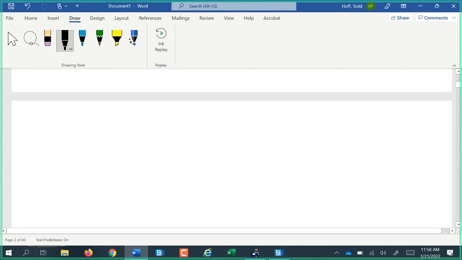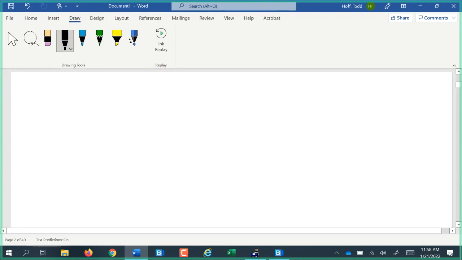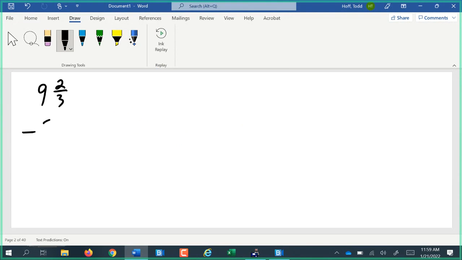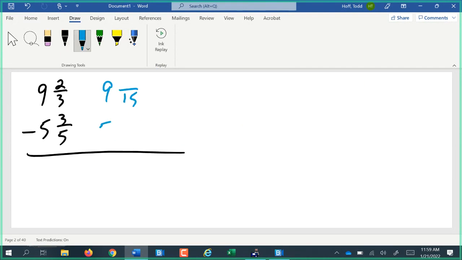Subtraction works the same way, so I'm going to jump right into mixed numbers. We might have 9 and 2/3 minus 5 and 3/5. Our common denominator here is going to be 15 again. 3 times 5, so 2 times 5 makes 10/15. 5 times 3, so 3 times 3 makes 9/15.